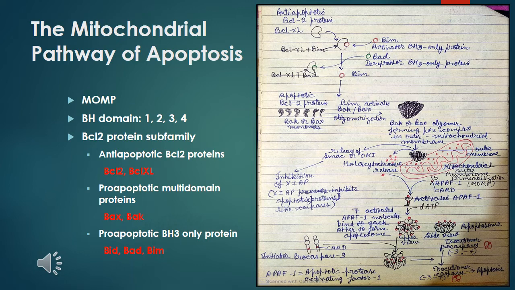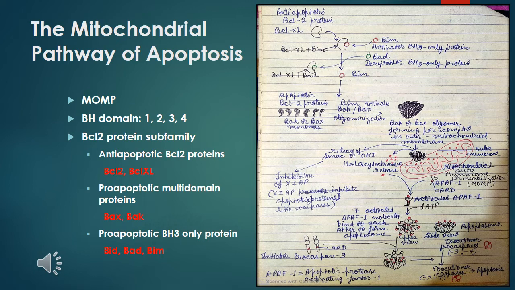You can see the complete mitochondrial pathway in the write-up on the right side of this slide. Here you can clearly see that BAX and BAK, 2 of the multi-domain proteins in the BCL2 family, are responsible for MOMP and probably form the pores by their oligomerization on the mitochondrial outer membrane, through which the proteins of the mitochondrial intermembrane space diffuse out. BAX and BAK in general do not function to cause MOMP unless activated.